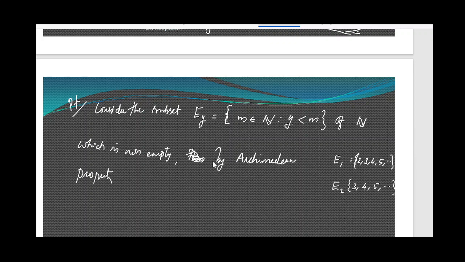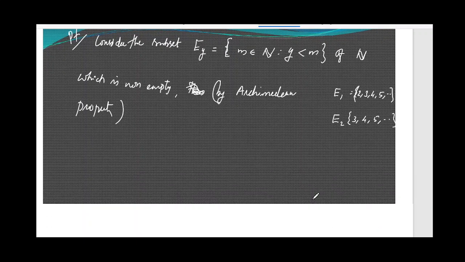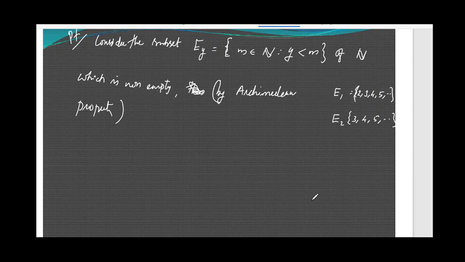So which is non-empty by the Archimedean property, that we can say. Next we are having the well-ordering property. Then by the well-ordering property.